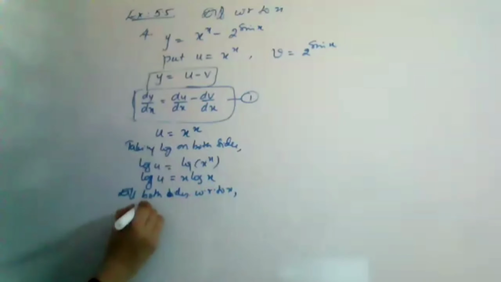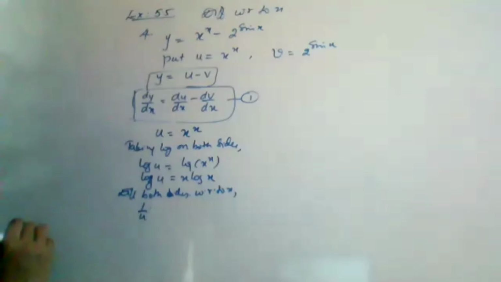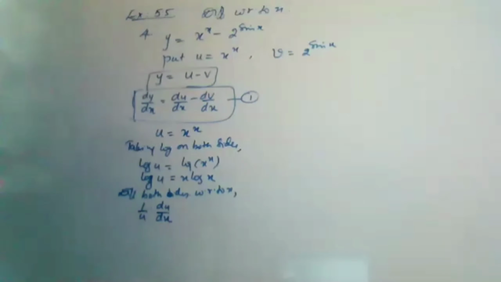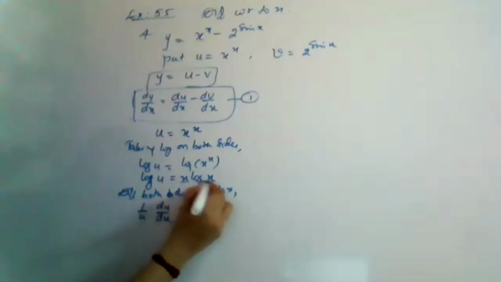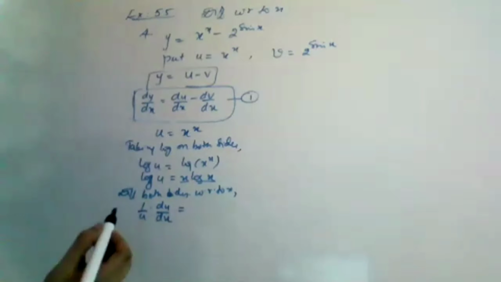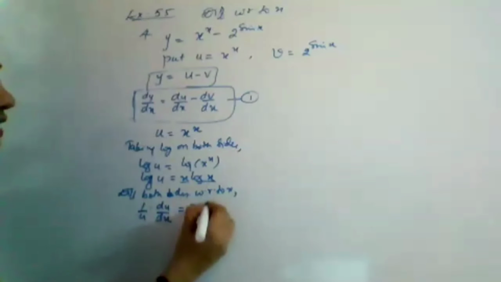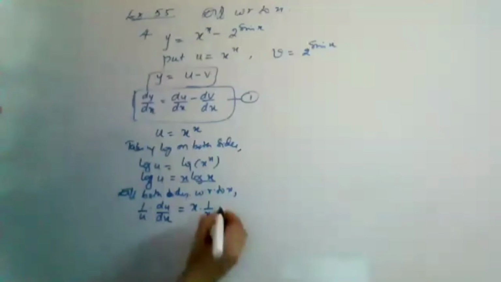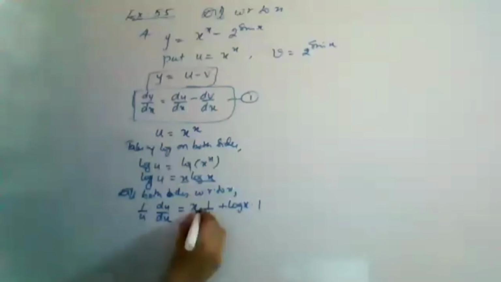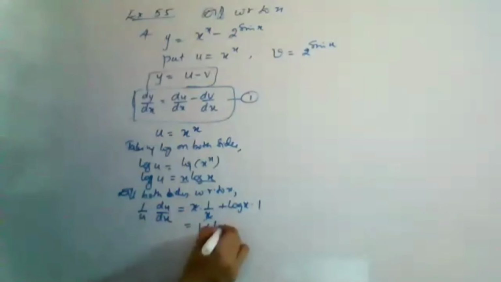It will become 1 by u into du by dx, since u is a function of x, equal to, you have two terms here, x and log x. So you apply your product rule: x into derivative of log x, which is 1 by x, plus log x into derivative of x, which is 1. So you can cancel, and you get 1 plus log x. That is your 1 by u du by dx.